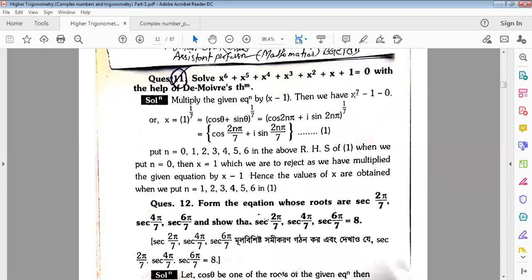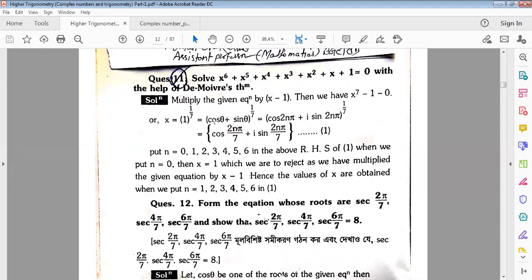Just take the multiplication, and all the intermediate terms will be omitted by cancellation. Then x⁷ − 1 = 0, so x equals 1 to the power 1/7. How? x⁷ equals 1, this is why x equals 1^(1/7), taking the 7th root on both sides.